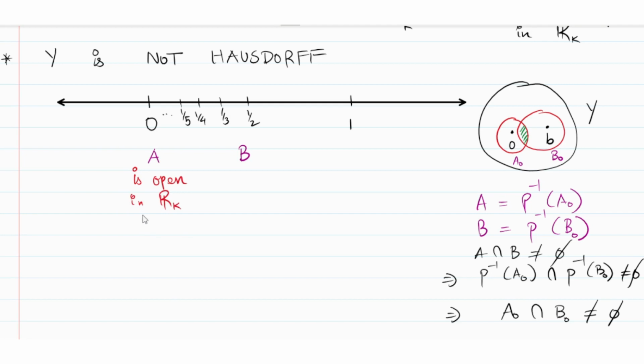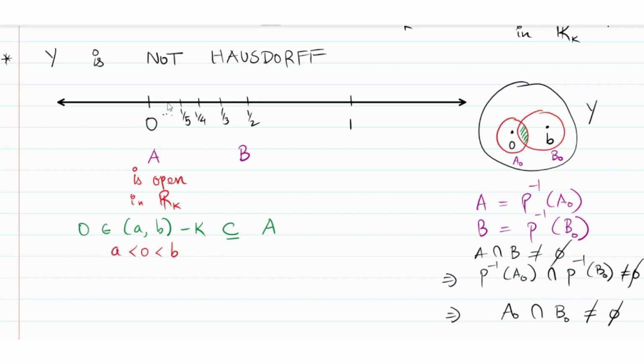So since A is open in Rk, I can always find a basis element around 0 that is entirely contained in A, and that contains 0. So obviously since it contains 0, a must be less than 0 and b must be greater than 0 strictly.